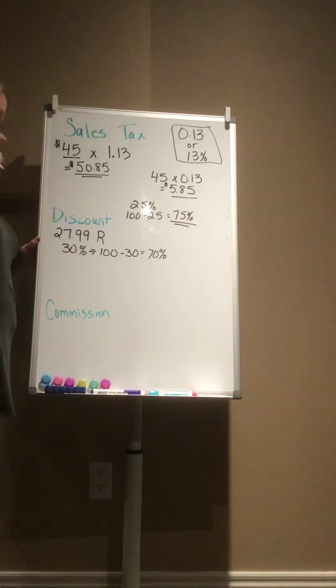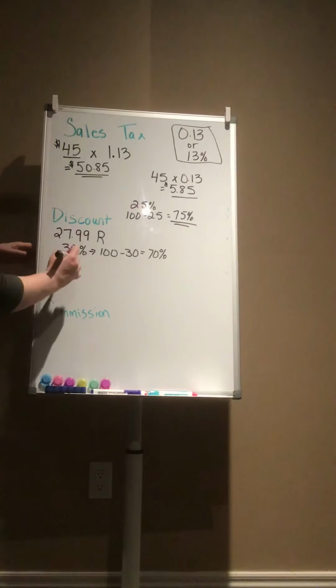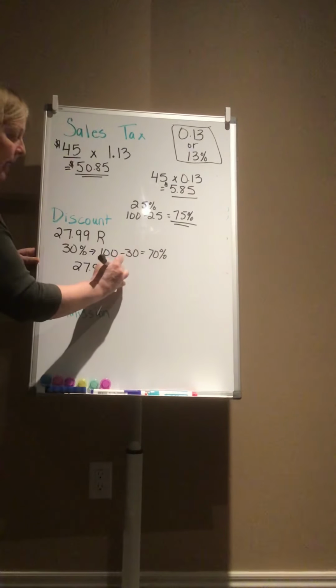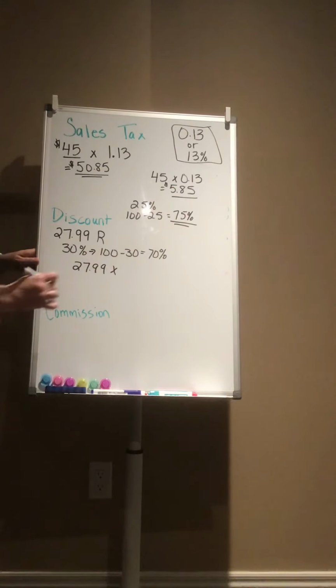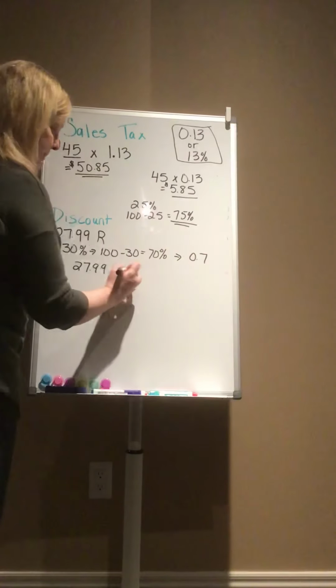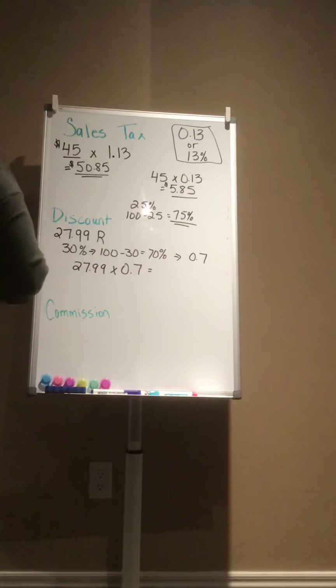So instead of saying, oh, we get 30% off, if we start thinking, well, I'm going to pay 70% of the original price, I can do the math really quickly. So I have my $27.99, and I'm multiplying that by the decimal, and 70% as a decimal is 0.7. I grab my calculator.